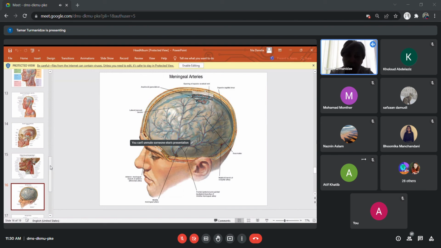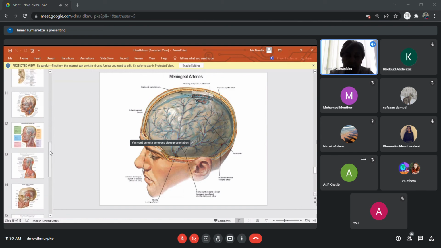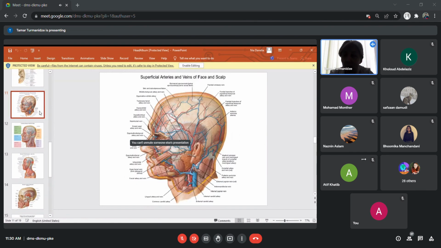We have said that all these layers of the head region are supplied by branches, most from the external carotid artery, and some from the internal carotid artery. Let's now remember the origin of these vessels.